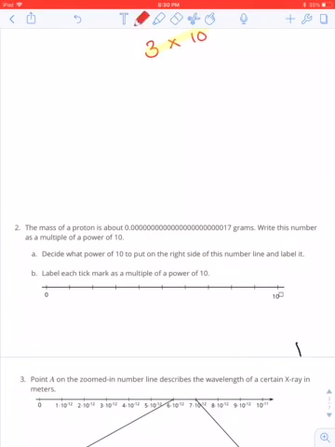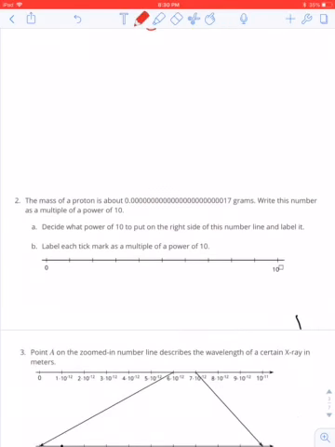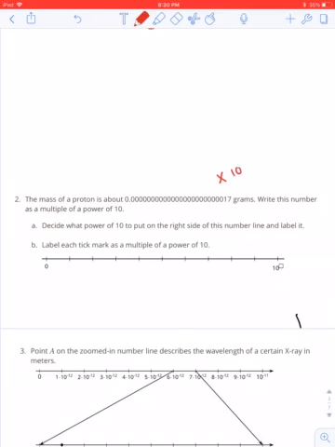So we're going to have, once again, times 10 to a negative exponent. 1, 2, 3, 4, 5, 6, 7, 8, 9, 10, 11, 12, 13, 14, 15, 16, 17, 18, 19, 20, 21, 22, 23, 24. Okay, so we're going to make this exponent negative 24.